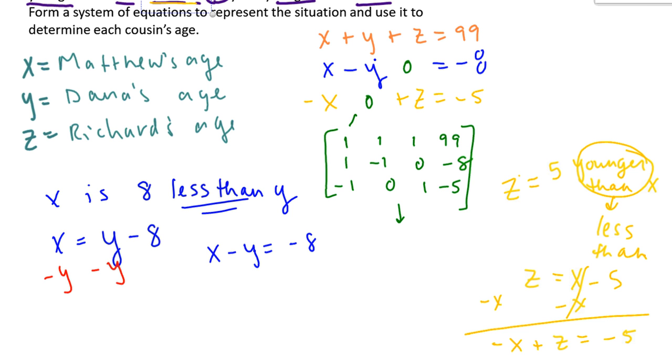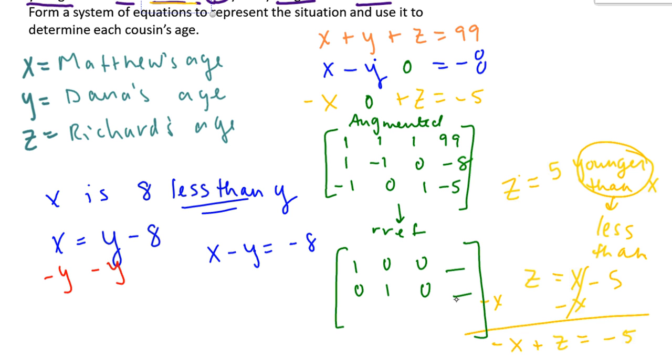So this is augmented. And then we're going to plug it into our calculator, the matrices, and I'm looking for zeros and ones. All right, let's plug it into that calculator on Desmos.